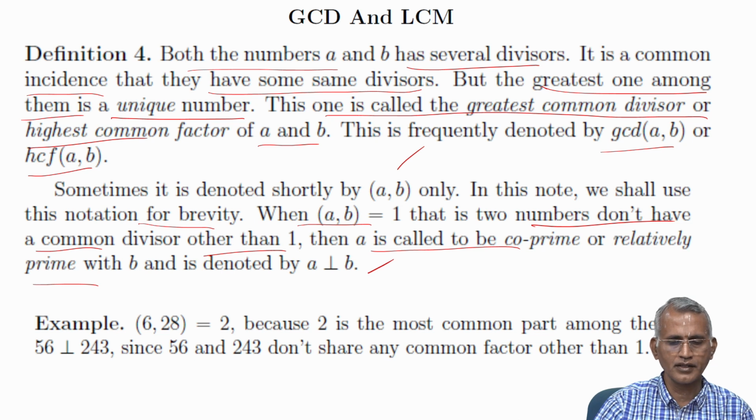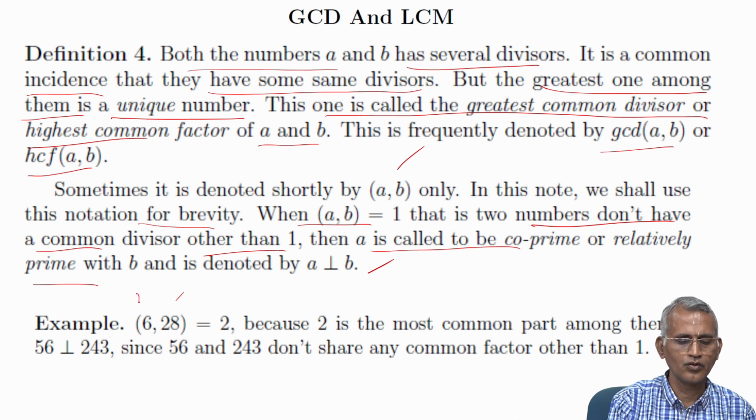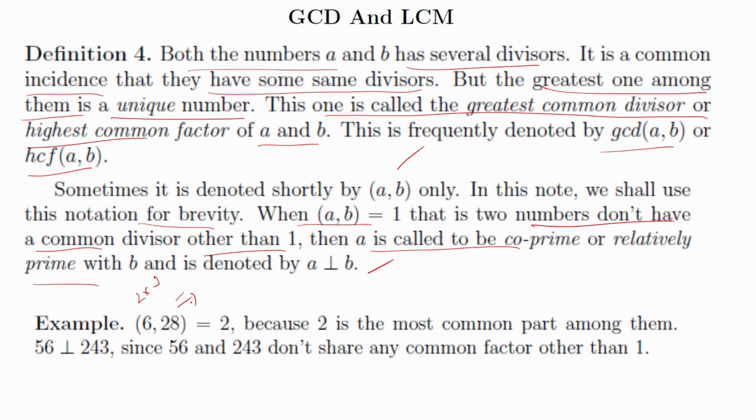For example, you take 6 and 28. 6 is 2 into 3, and 28 is 2 into 14. 14 can be written as 7 into 2, right, and so the GCD of this is 2, because 2 is the most common part among them.